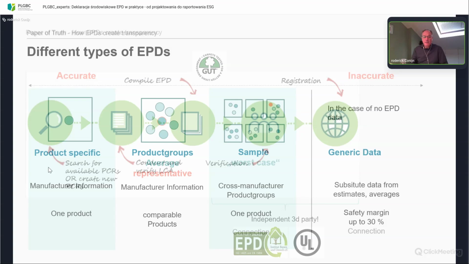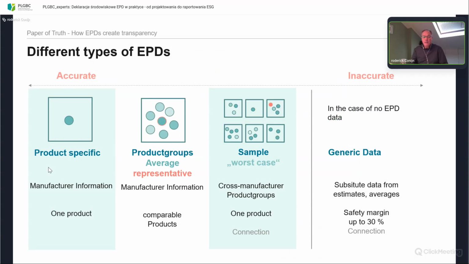Within the EPDs, there are several types of EPD, and I think this slide is one of the more important slides for you to remember. Producers or manufacturers can deliver you different types of EPD. The most accurate one will be a product-specific EPD, and a lot of our peers in our business will have product-specific EPDs.